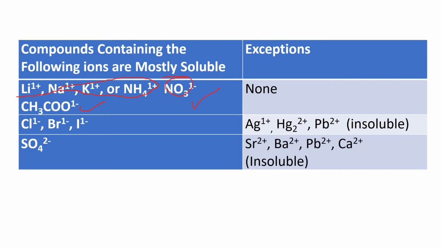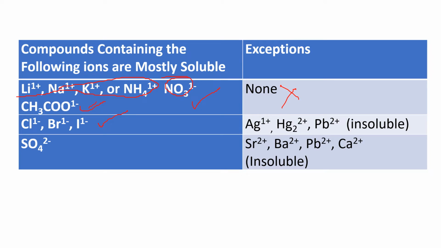If lithium, sodium, potassium, ammonium cations, or nitrate and acetate anions are present, they are soluble in water. Are there any exceptions? No, there are no exceptions. All are soluble in water, mostly soluble.